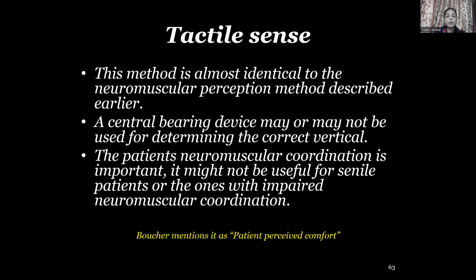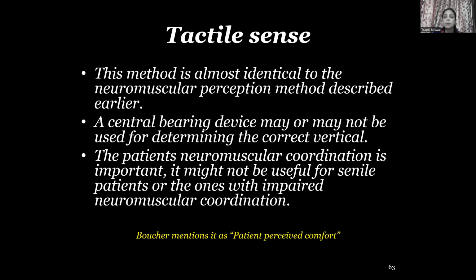Another method to determine the vertical dimension of rest is the tactile sense. In this method, neuromuscular perception acts as a guide, and a central bearing device may or may not be used for determining the correct vertical. The patient's neuromuscular coordination is important. It might not be useful for senile patients or those with improper neuromuscular coordination.